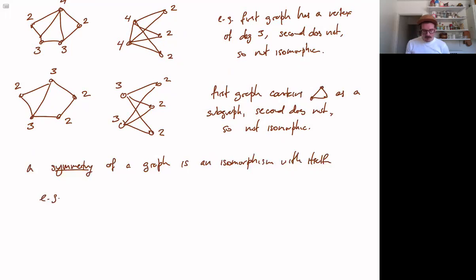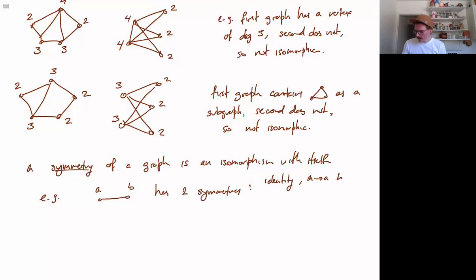So, for example, if we have a graph with 2 vertices like this, the complete graph on 2 vertices, this thing has 2 symmetries. So there is the identity, which there always is.